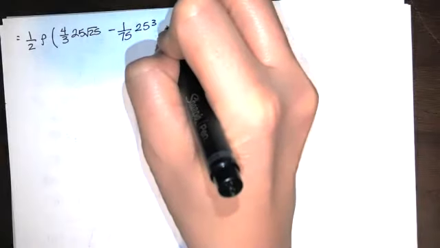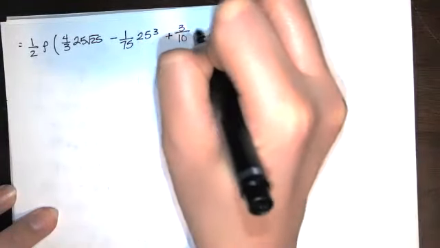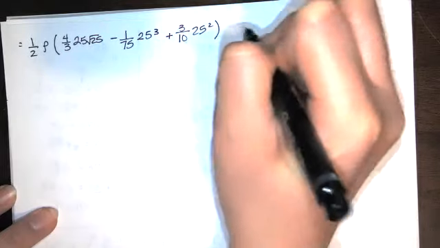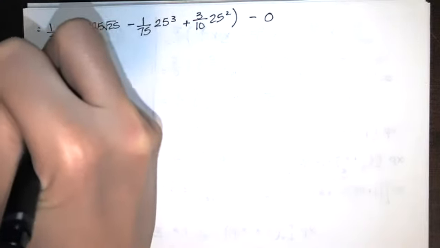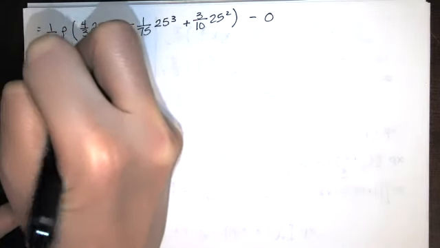So that's 1/75 times 25 cubed plus 3/10 times 25 squared. And then if we evaluate all of that at 0, we're going to get 0. So that's our answer. Now you can do the arithmetic if you want to, but you don't have to.